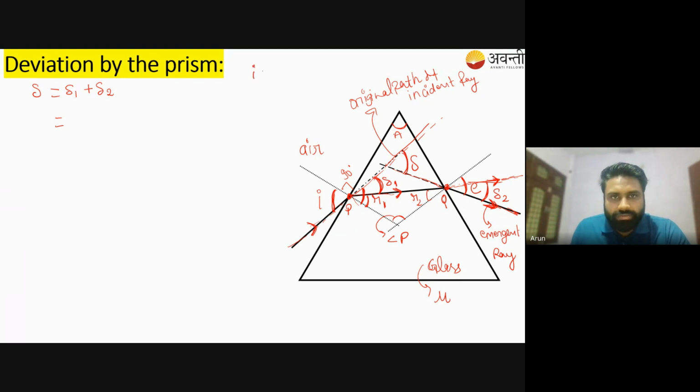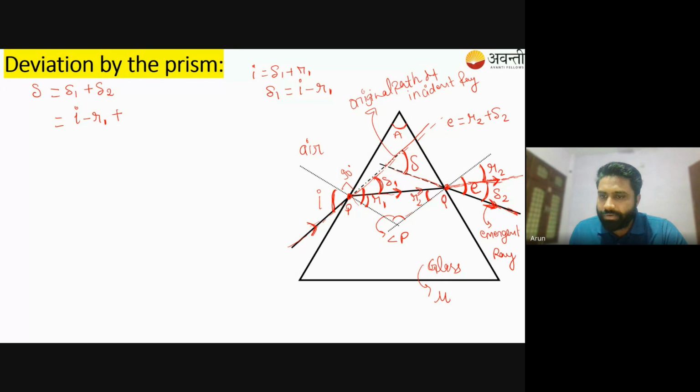So I equals delta 1 plus R1, so delta 1 is nothing but I minus R1. And what about delta 2? This ray makes an angle R2 from the normal, and after refraction it makes angle E. So E equals R2 plus delta 2.